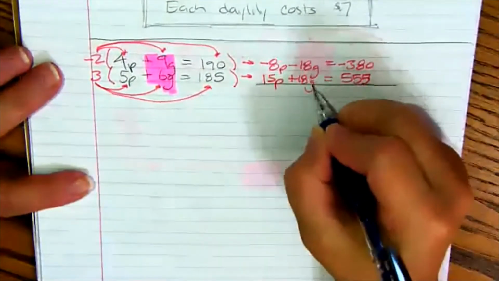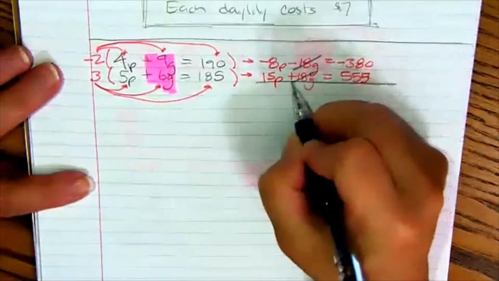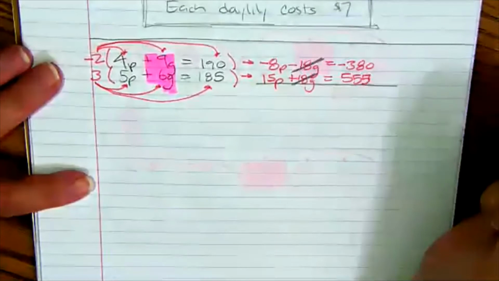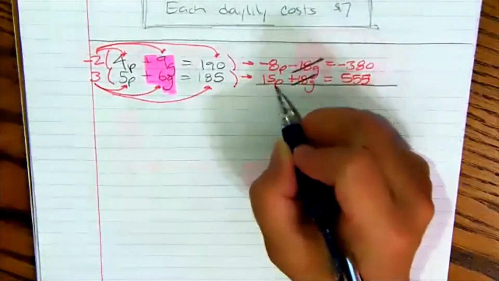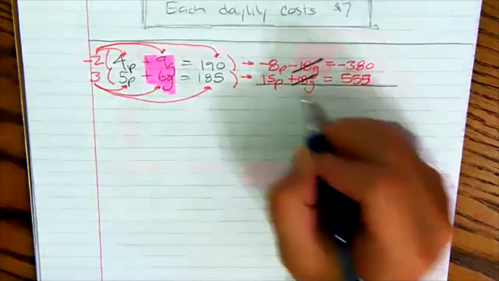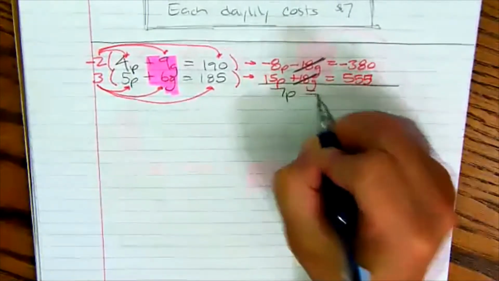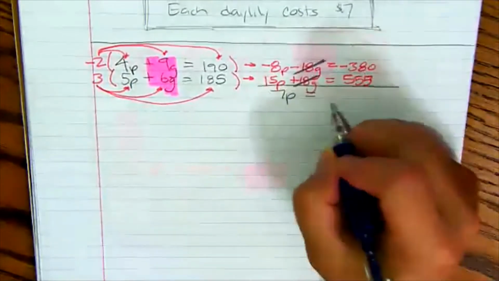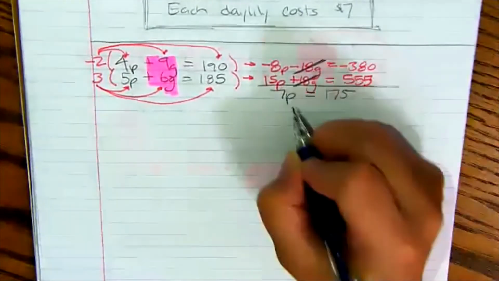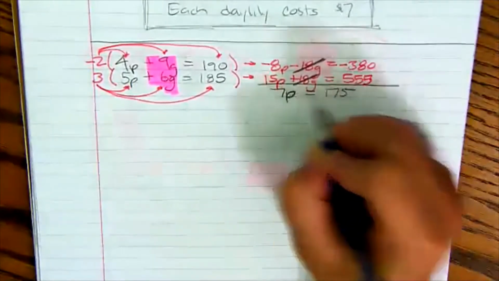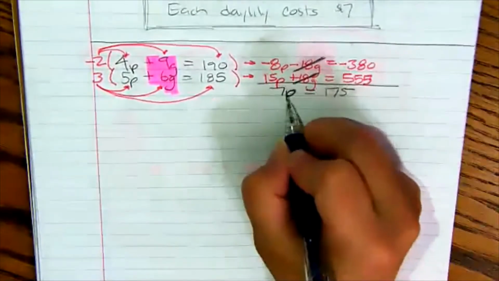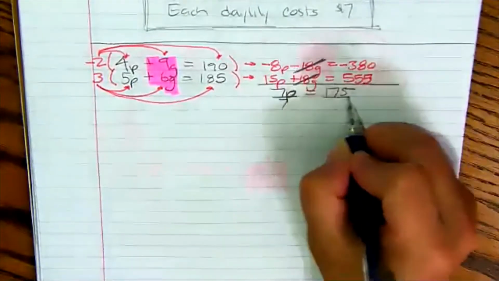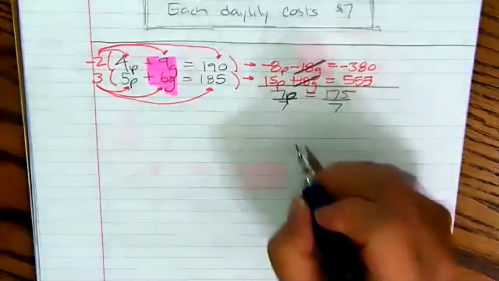So I now have a system of equations where this like term cancels itself. They cancel each other. So they have been eliminated. So -8p plus 15p is 7p equals -380 plus 555 is 175. I want to know the cost of each peony. So I need to isolate this variable. So I'm going to divide by 7. What I do to one side, I must do to the other.